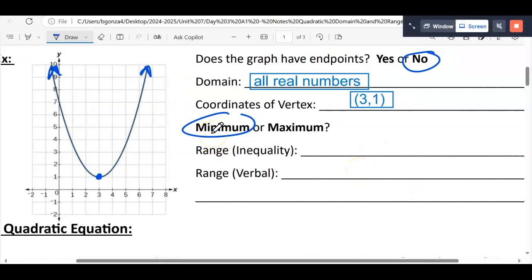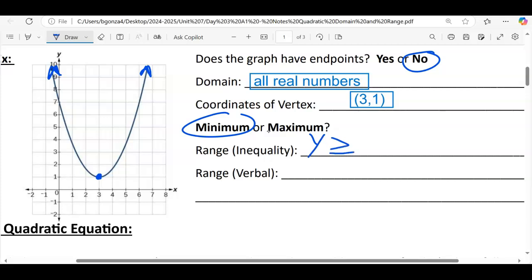Well, you think about it. If that's the bottom, it can only go up, which means it can only go greater. And since that's a shaded dot at the bottom, you're going to put y is greater than or equal to, and then what is the y value of this point, since it's range?